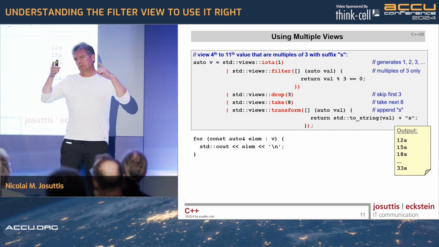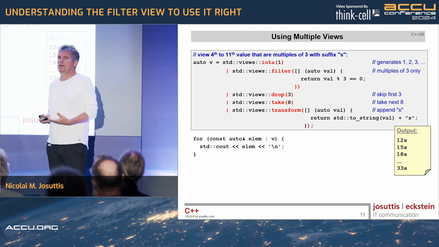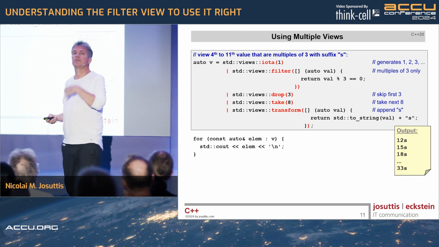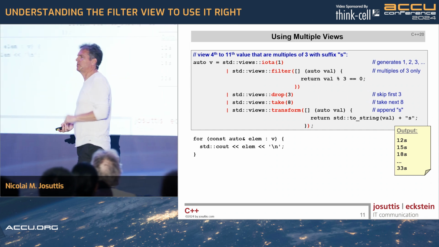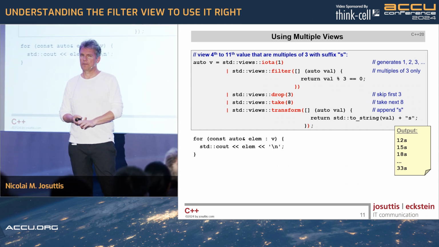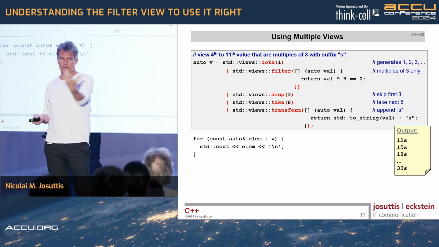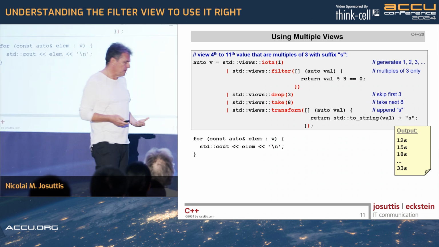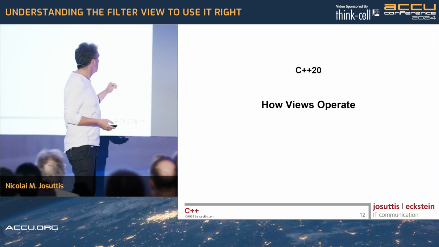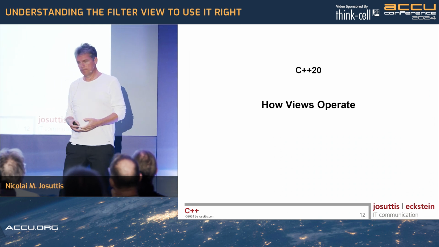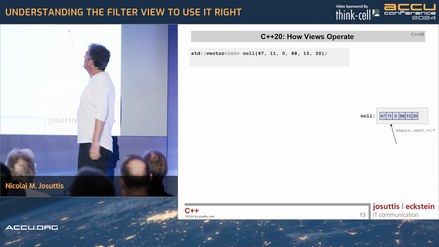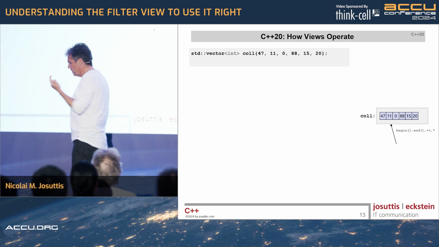So to talk about and explain that, I don't want to show you symptoms. I want to explain how this works so that you understand yourself the symptoms and can see them coming. So let's look how views work internally. Think about the following situation.